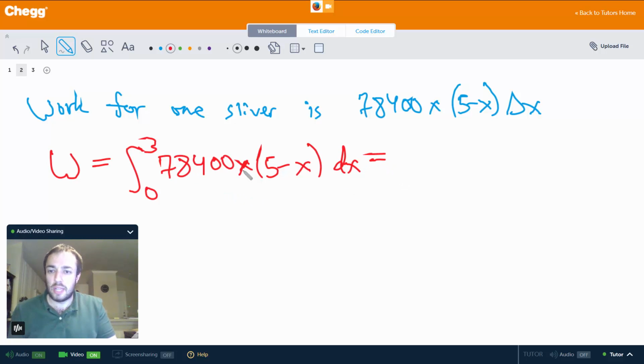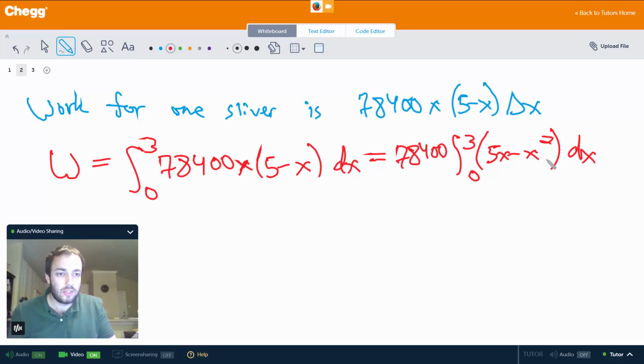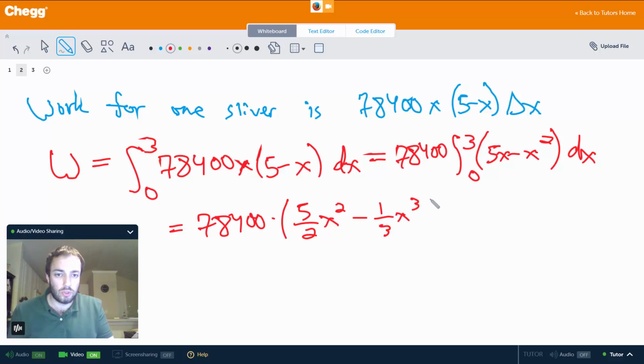So we can pull out the 78,400, and then we're going to integrate from 0 to 3. Let's distribute the x. So we're going to get 5x minus x squared, dx. And then we have 78,400 times, when we integrate, we're going to get 5 halves x squared minus 1/3 x cubed, evaluated from 0 to 3.